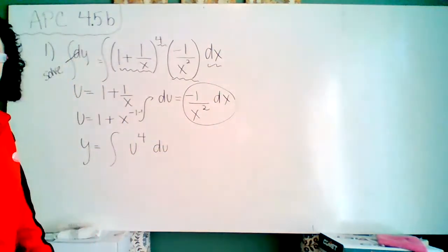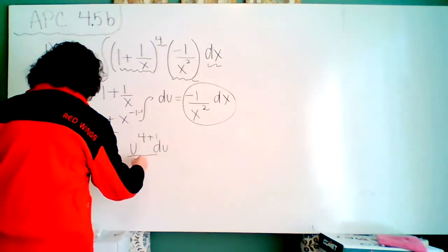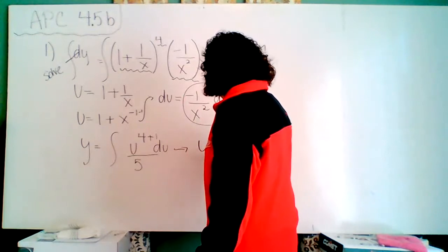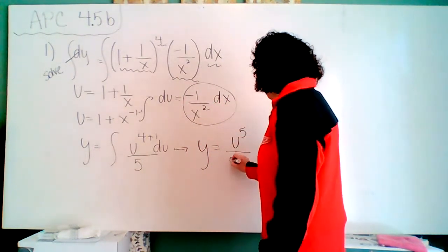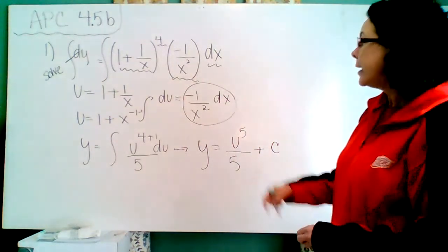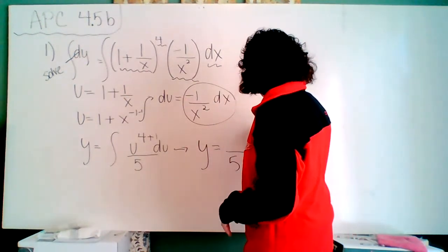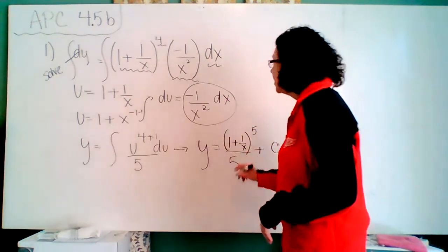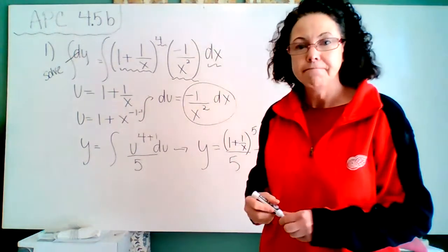Look, this is actually a very simple problem. So don't let the rational expressions worry you. Okay, add 1 to the exponent, divide by the new exponent. I get y equals u to the 5th over 5 plus c. Also, you can multiply by 1/5, right? And now I can put my u back in. And I'm done, right? They started with x's. I needed x's to finish, and I'm done.